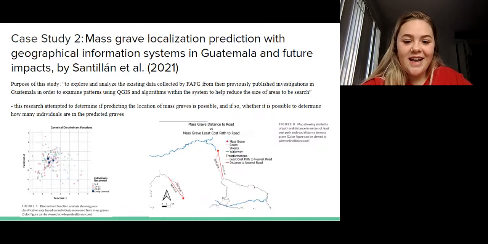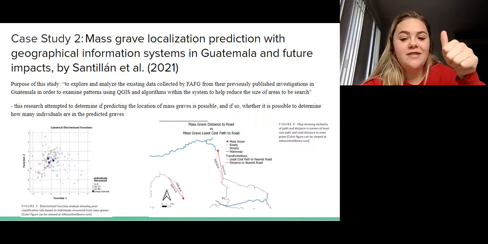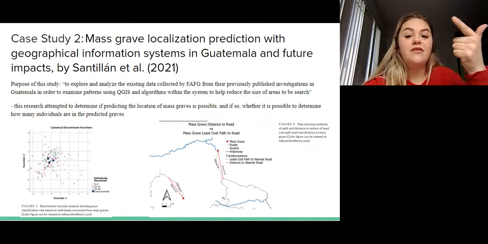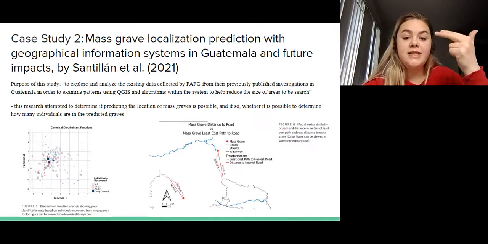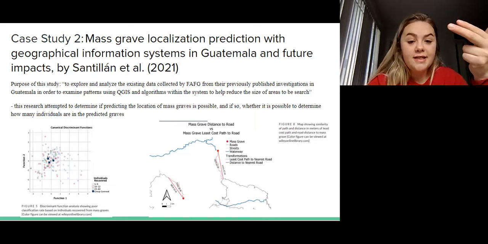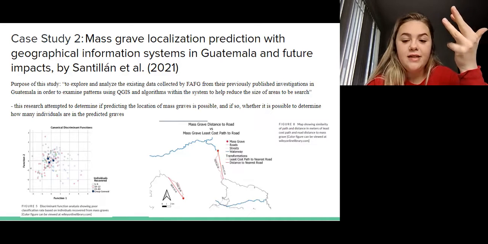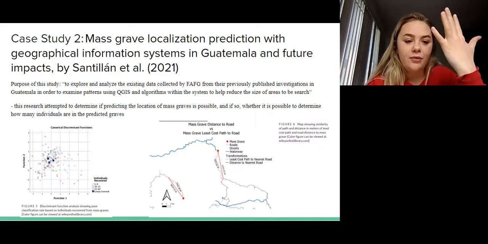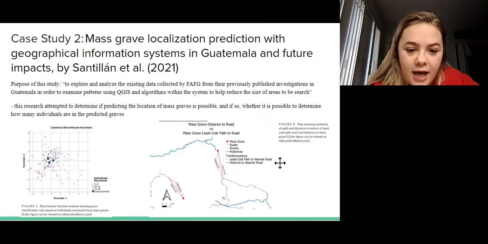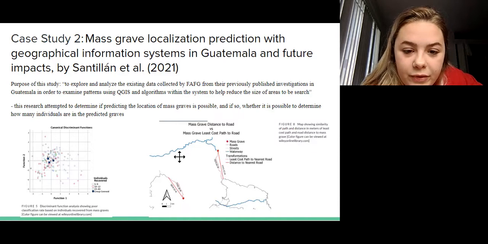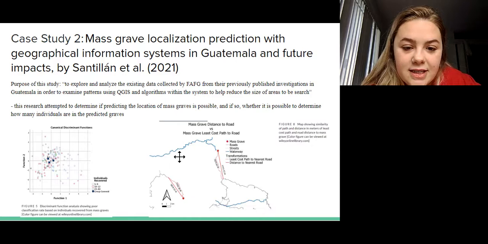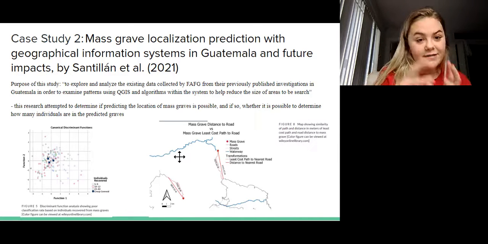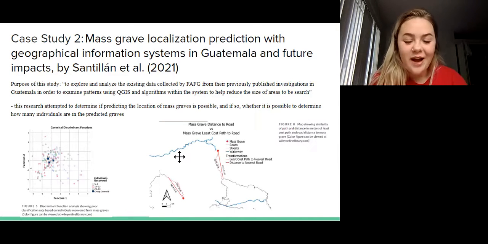From there, they went into the distance from mass graves to roads, streets, and waterways, the distance from mass graves to possible towns, the distance from mass graves to selected points of interest, adding elevation values, and calculating slope and least cost pathways. That's what we can see here in figure 8. We see a map showing similarity of path and distance in meters of least cost path and road distance to mass graves, which shows the interaction between the mass graves and the features. So that was cool for sure.